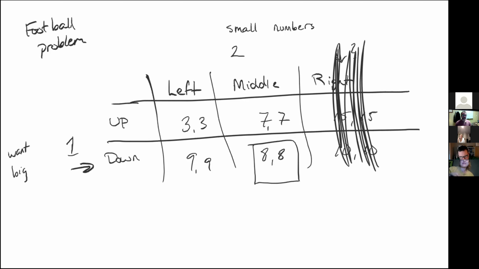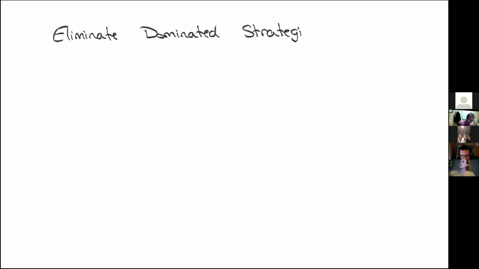Okay. So the thing I'm trying to illustrate is, you can eliminate the dominated strategies. And if you do that, then you might find that someone somewhere has a dominant strategy, and then play it.